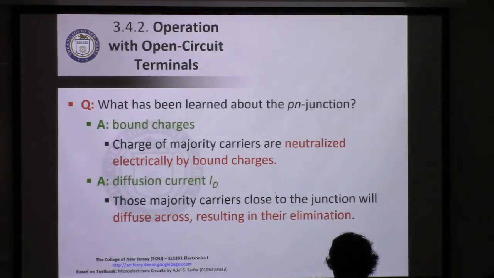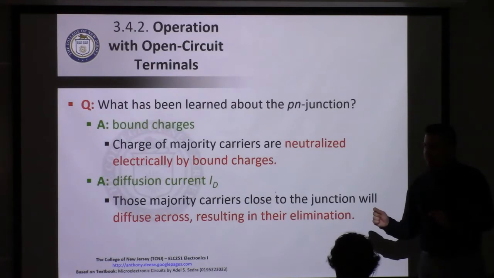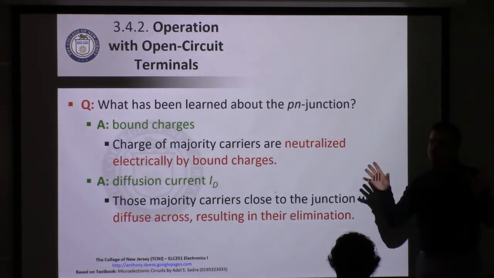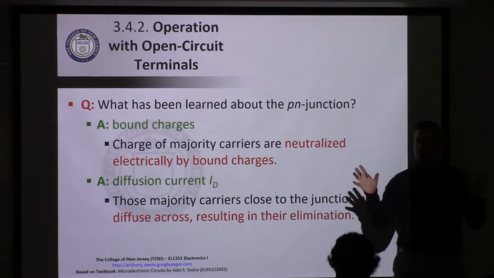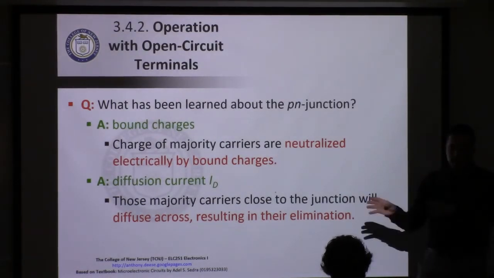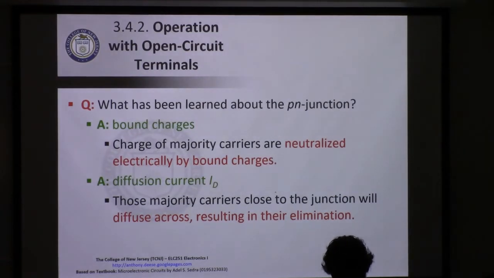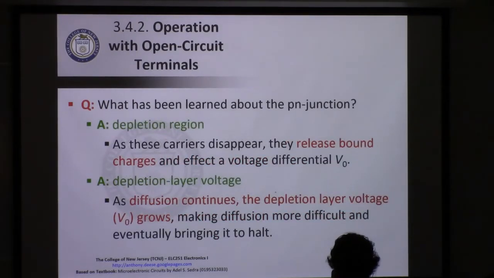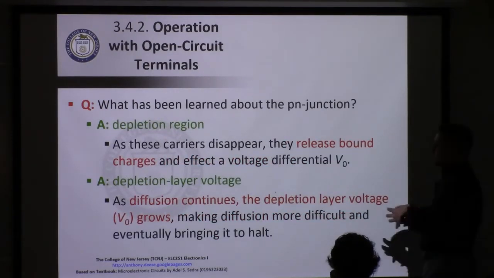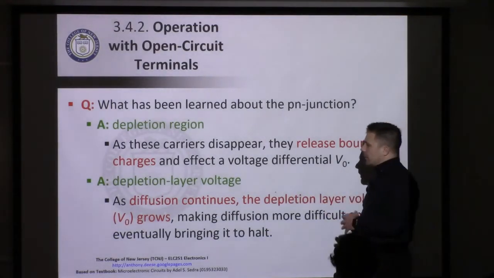The diffusion current, right, is applied to the majority charge carriers. What we see is that when we initially put the two sides together, we have a huge concentration gradient. A lot on one side, none on the other side, a lot, and none. So there's a lot of diffusion force that's trying to push those majority charge carriers towards the center. That diffusion force causes the majority charge carriers to move to the center, they meet one another, and they disappear or they recombine.